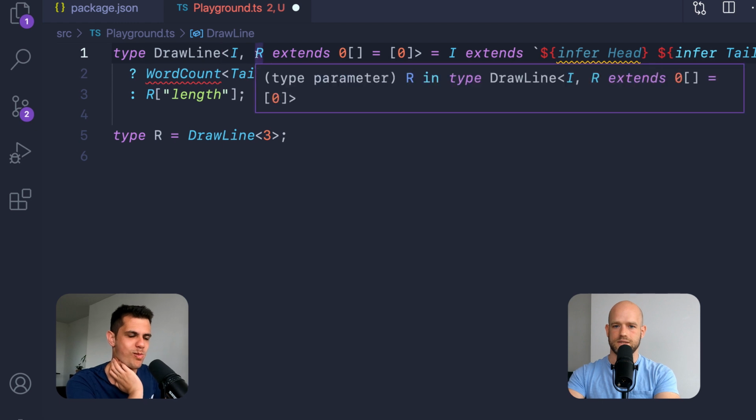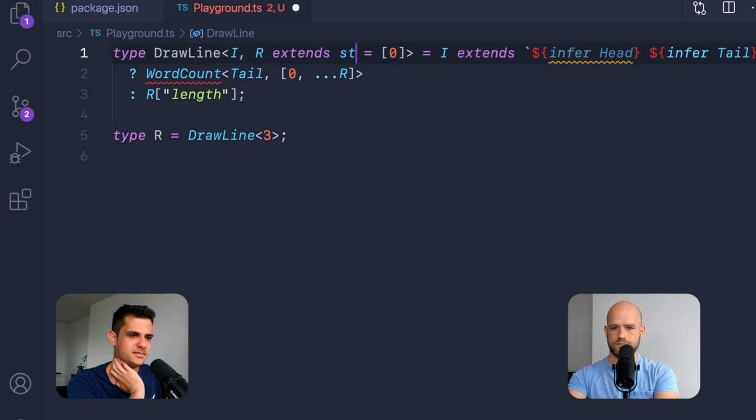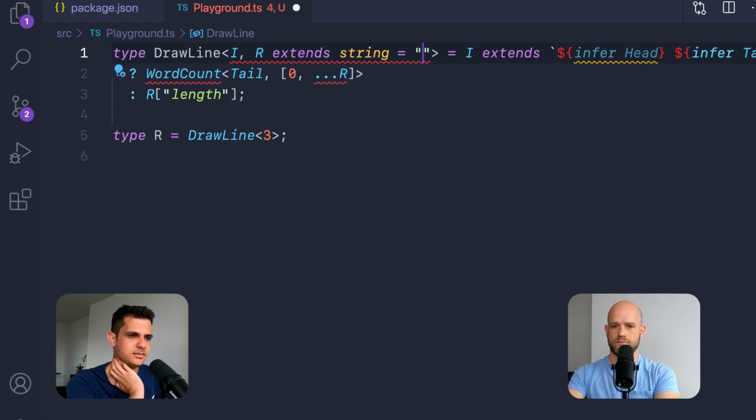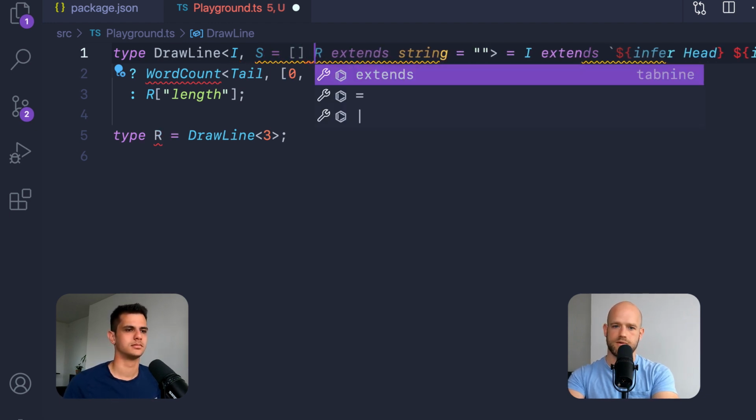Here, the result is a string. Number, so we need a state, which is an array we increase in size every time.